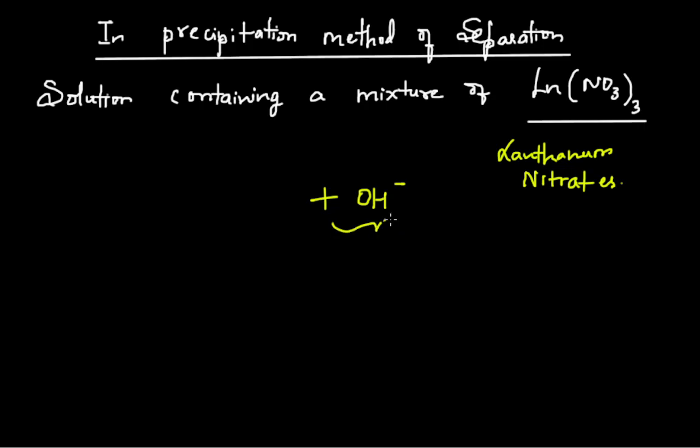So when we add hydroxyl ions to this, what will happen is hydroxyl ions will go and replace the nitrate ions. So what you end up getting is Ln(OH)3.